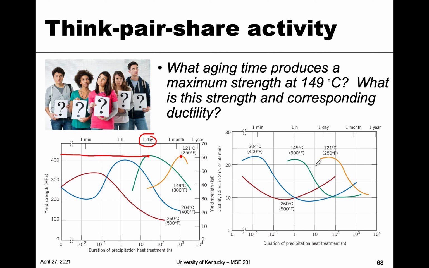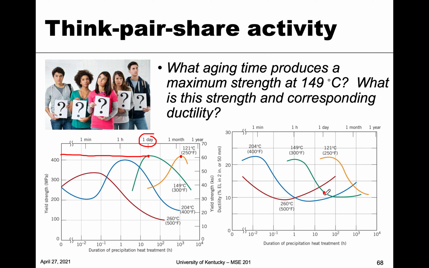And then for 149 temperature, we can go over to the day, right? Again, we have to correspond it over here to the same time and temperature. So we're going to get something like this, if I have that right.